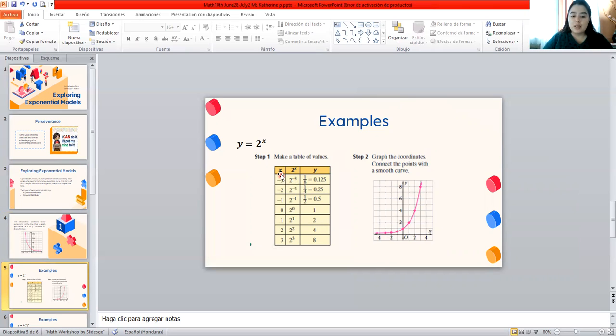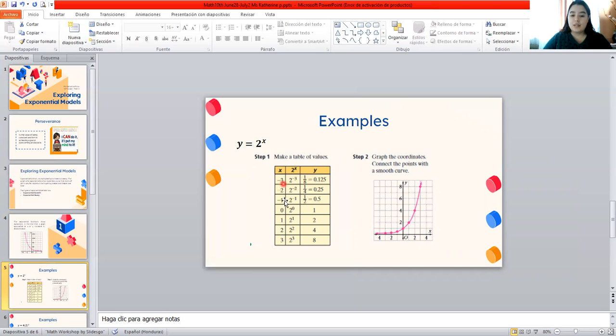So for example, in the first one, we have for x, -3. In the second column, we have the equation, but changing the value for x. So 2^-3, and the answer for this is 1 divided by 8. And the answer for this fraction is 0.125.